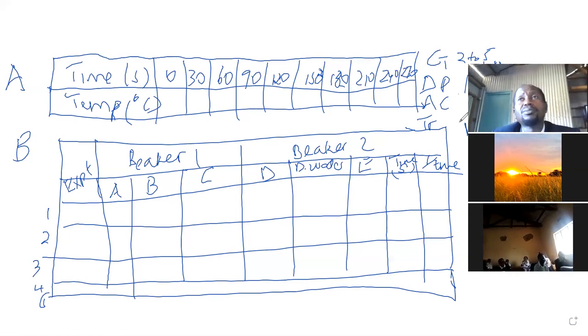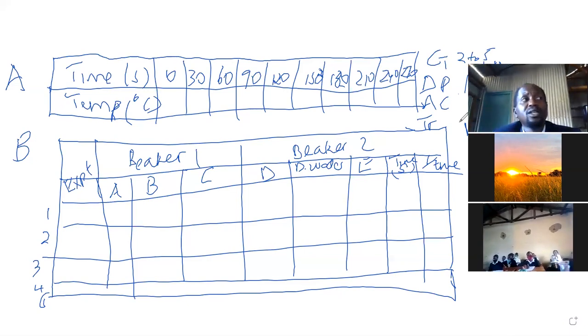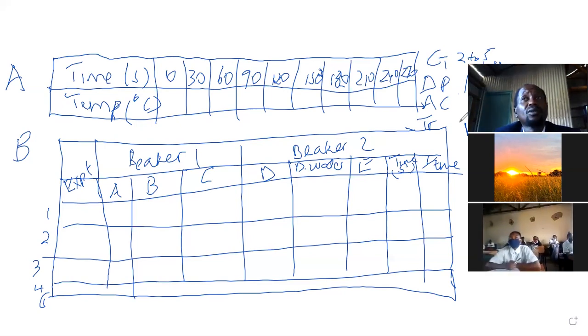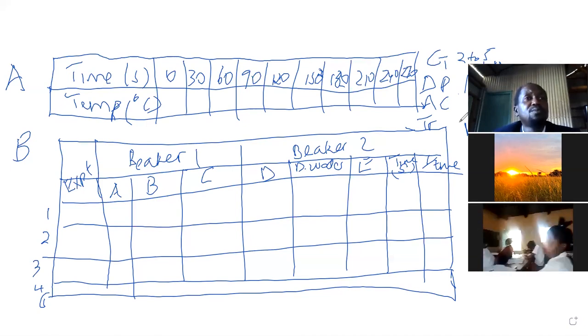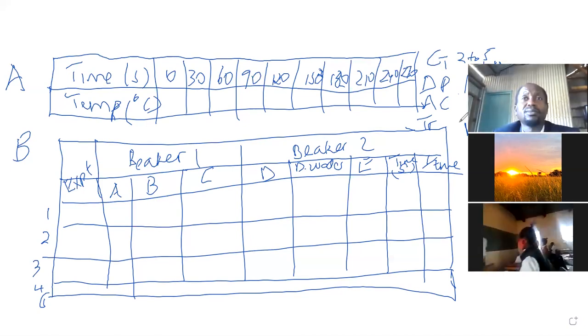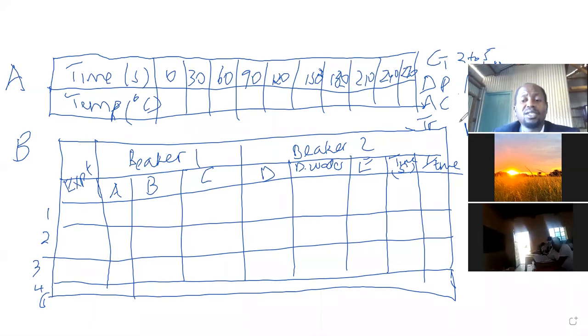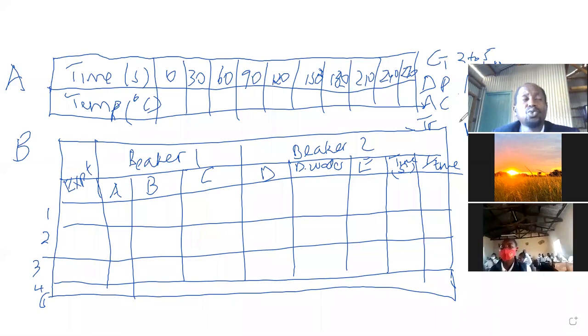Stopwatch readings must be either consistently recorded as whole numbers, or consistently recorded as one decimal place, or consistently recorded as 2 decimal places.